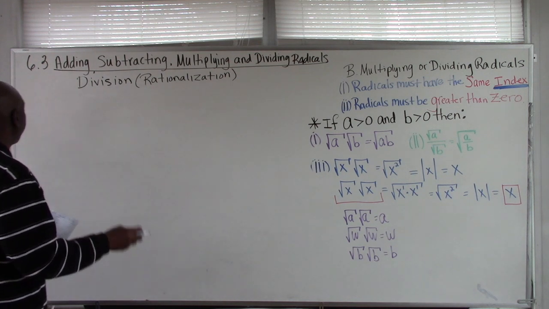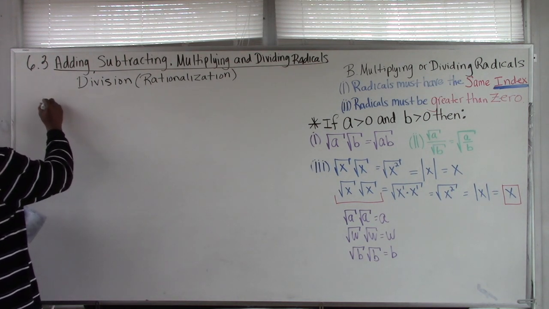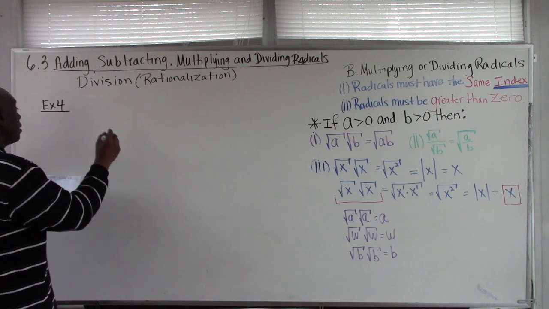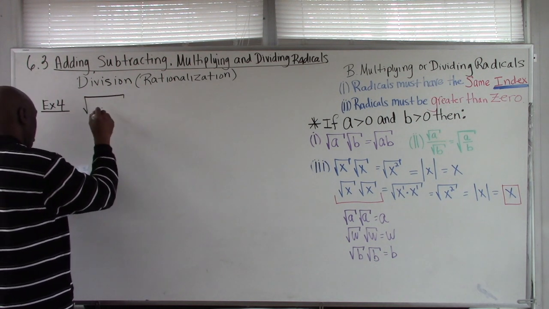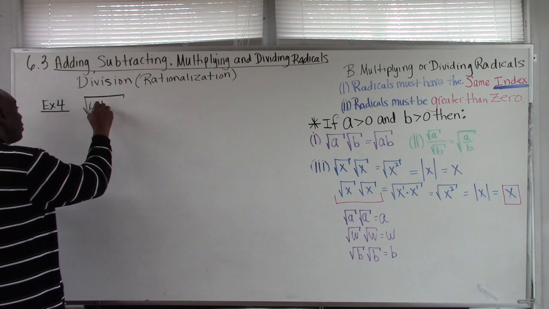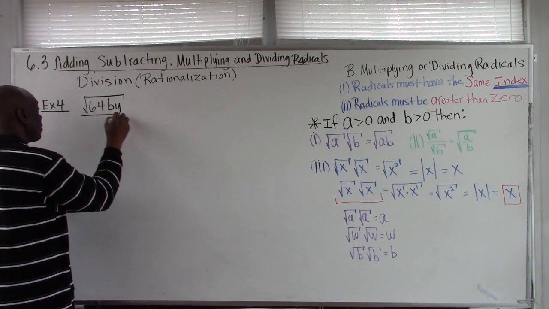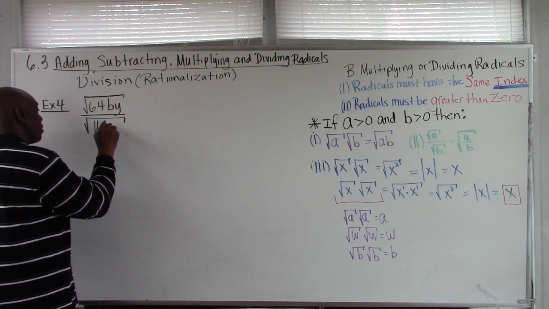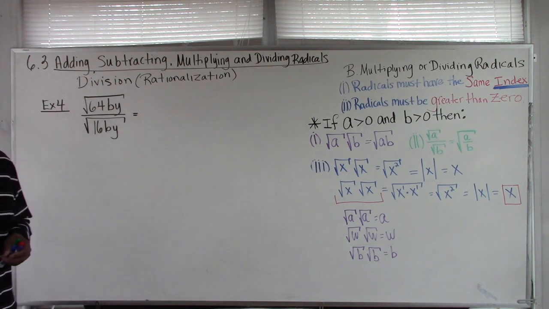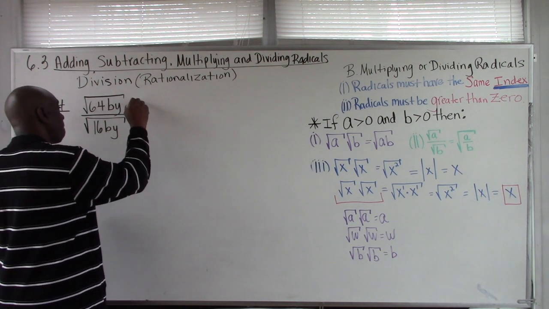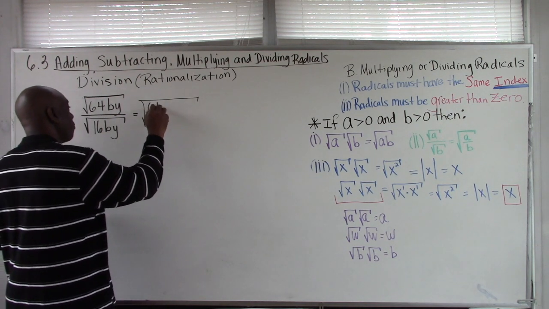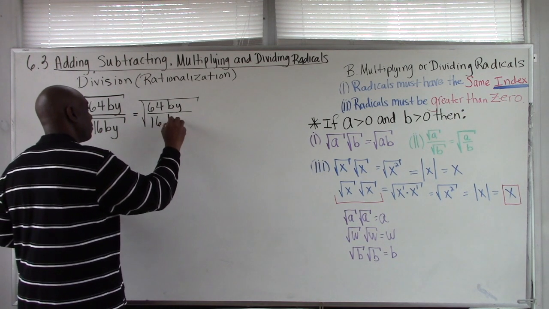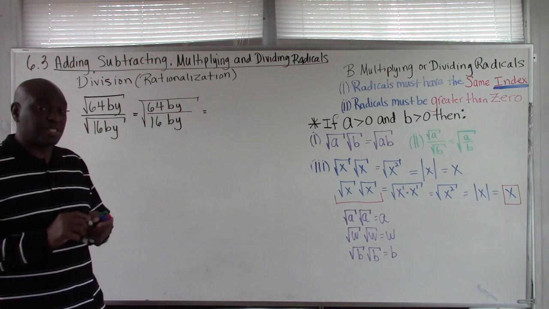Okay, let's look at the square root of 64y divided by the square root of 16y. Write that as one radical. 64y divided by 16y. Okay? Simplify the variables.